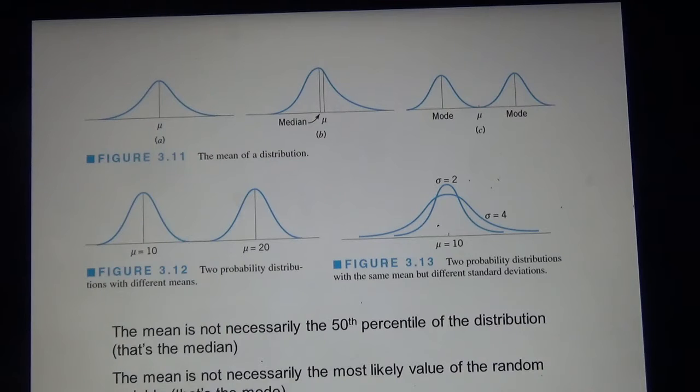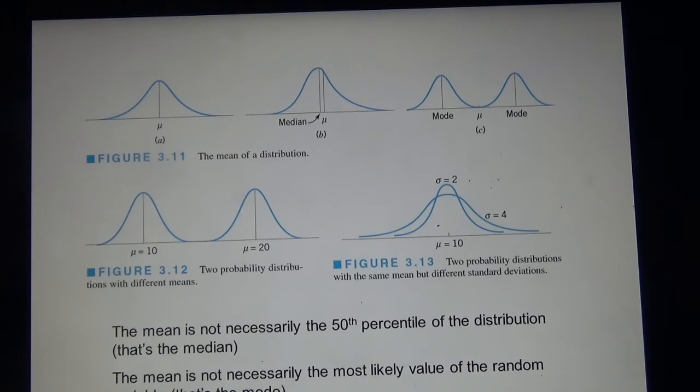Here are some different distributions. For example, in figure 3.2, 11, we have A, B, C. In the first one, the average is mu. Mu symbolizes the average of the population, so the sample is the same as the population.